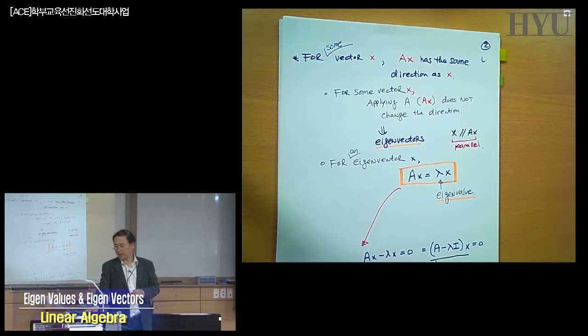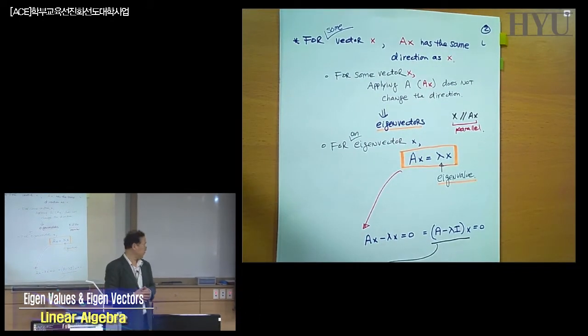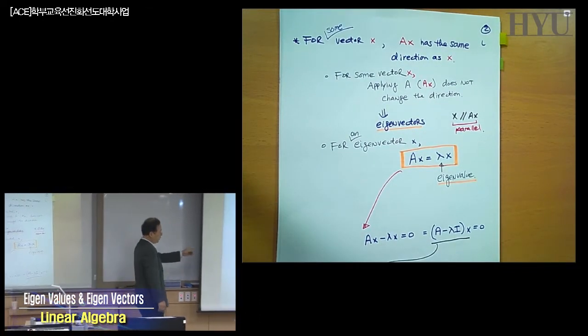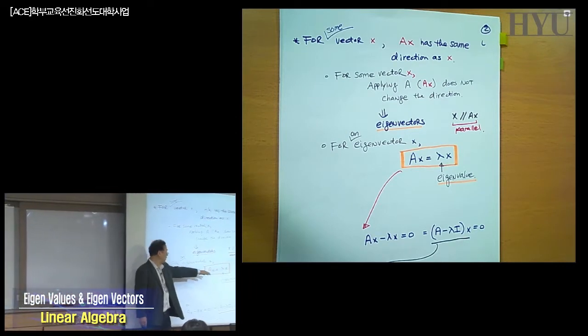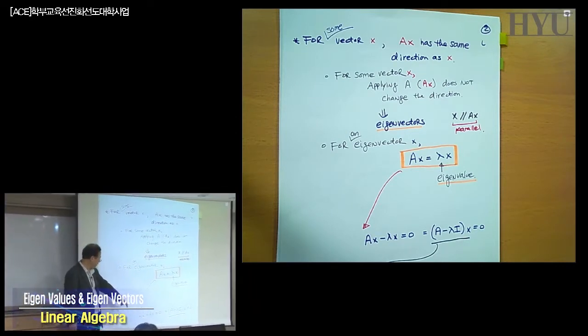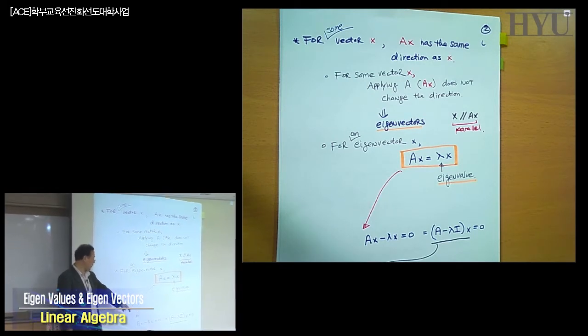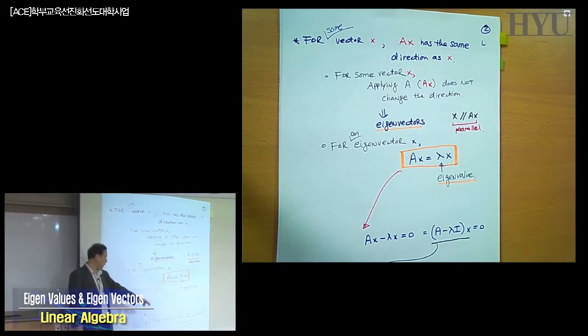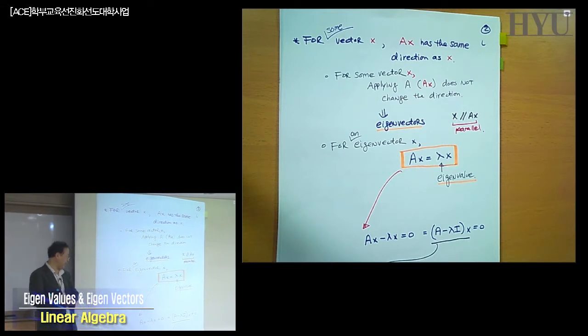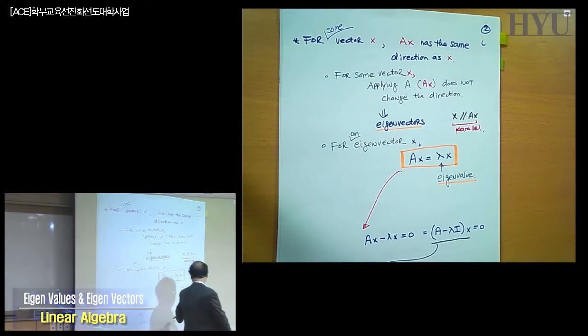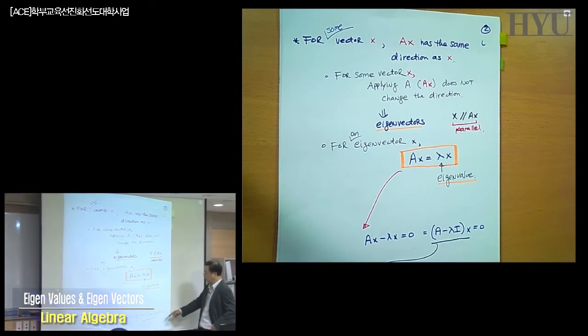So how can I find this? When you manipulate it and move lambda x to the left side, you get Ax minus lambda x, right? Then lambda x you can represent as lambda I times x, where I is the identity matrix, right? So what's this? (A minus lambda I) x equals 0.